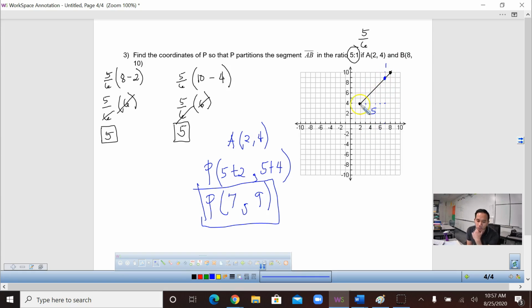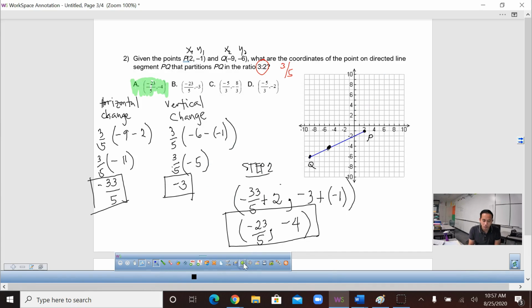So this part is 5 units away from P, and this is 1 unit away from P. So this is your point A, and point B. That is how you partition a segment.